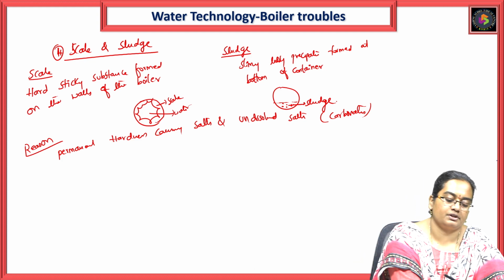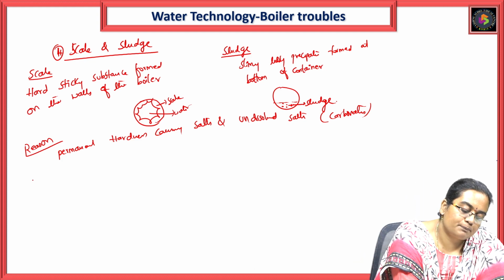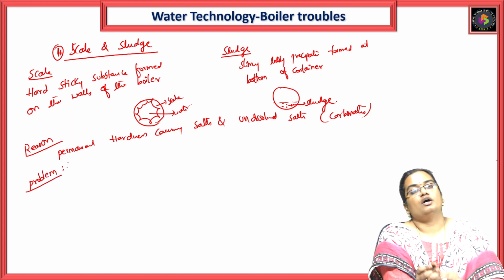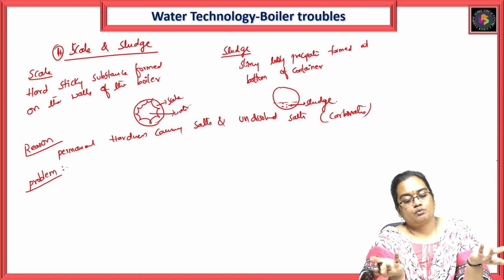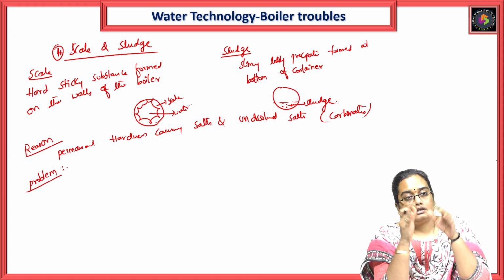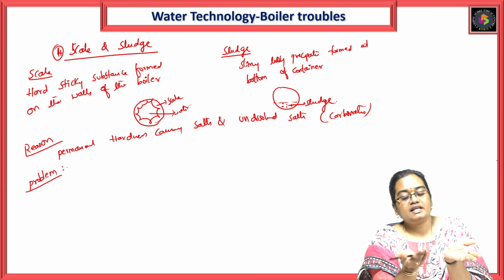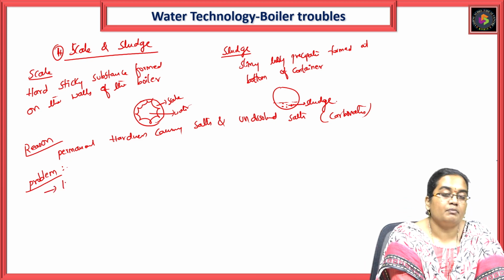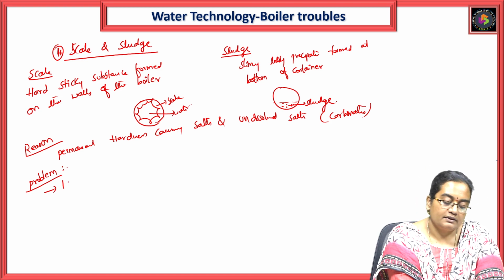Now, what are the problems faced by this one? Generally, if the boiler is very clean and there is no layer formation inside, then it will take less time to boil. But if it has the layer, then what will happen?